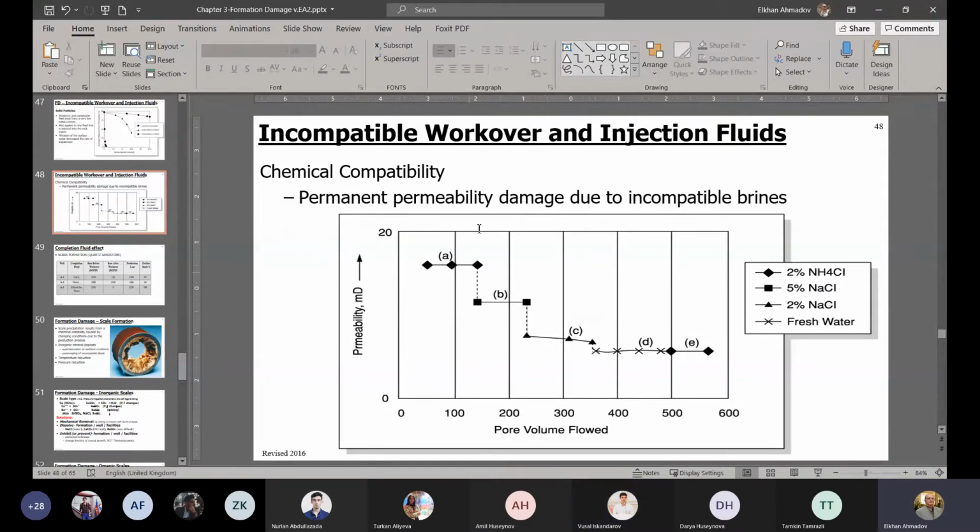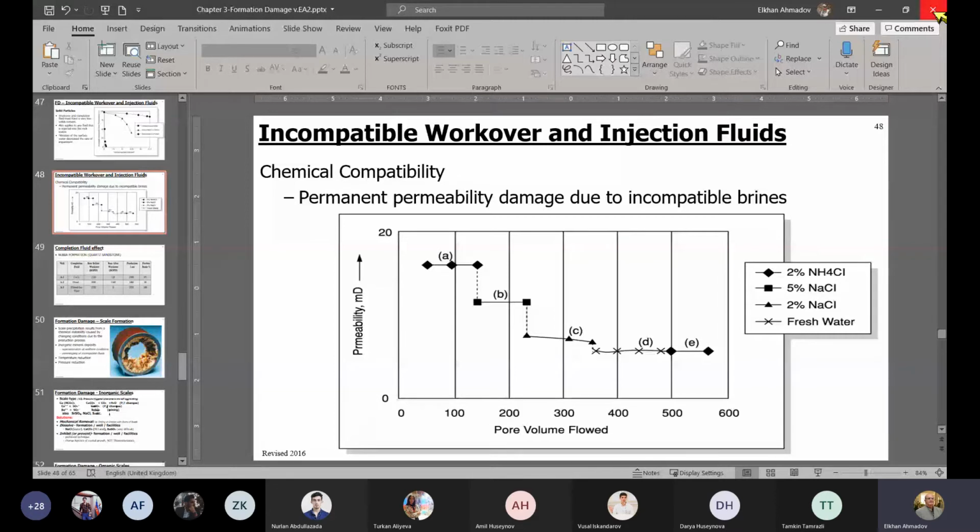Clear? Yes, clear. So the damage created by this completion fluid cannot be removed by further action like acidizing or fracturing, yeah? No, it can be, but depending on the type and severity of the damage, the removal may be different.